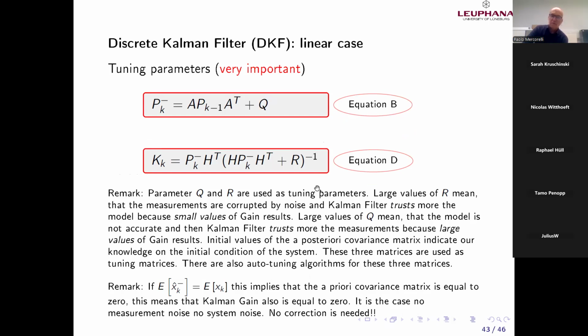We have now to discuss a little bit these two equations, because these two equations are particularly important: in these two equations Q and R appear explicitly, and Q and R characterize the statistical aspect of the Kalman filter.